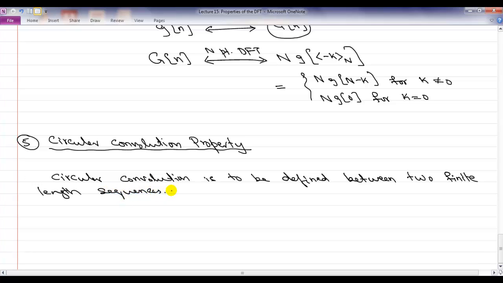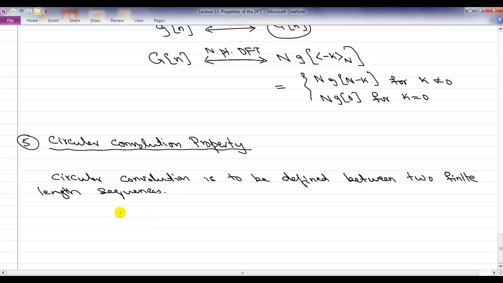So that's a theme that always exists when you are doing DFT based analysis. You are working with finite length sequences. And why? Because you are interested in using them inside digital systems where you are forced to work with finite length sequences.